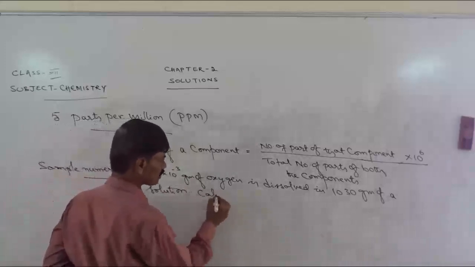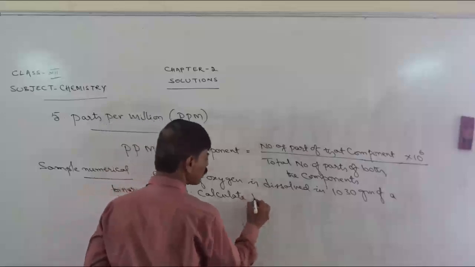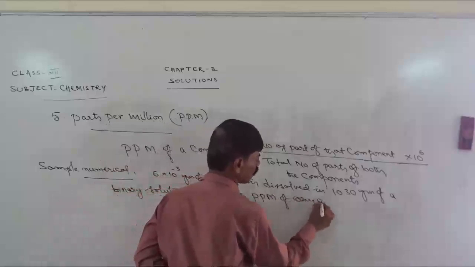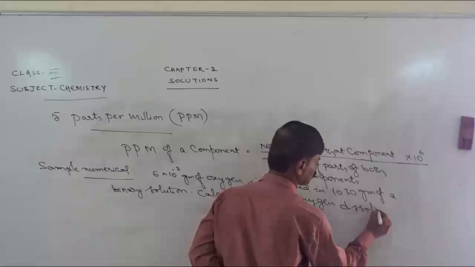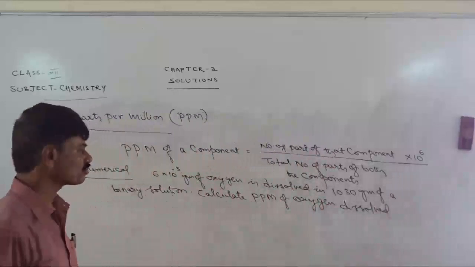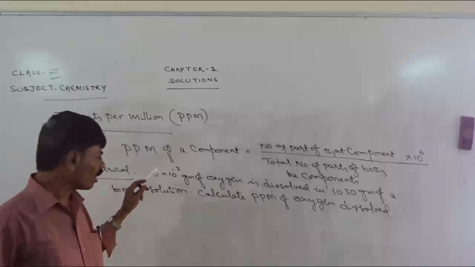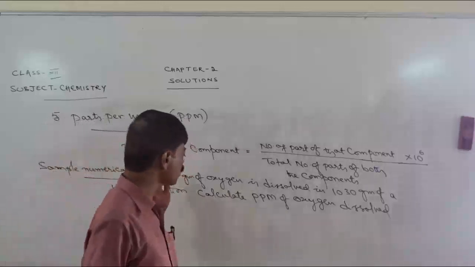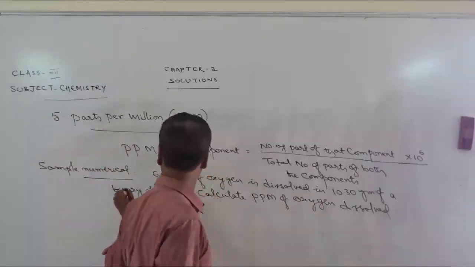Calculate the ppm of oxygen dissolved. This is the question. This is the quantity of oxygen dissolved, and 6 into 10 raised to minus 3 means you can imagine a very small quantity of oxygen. It is dissolved in 1030 grams of binary solution.